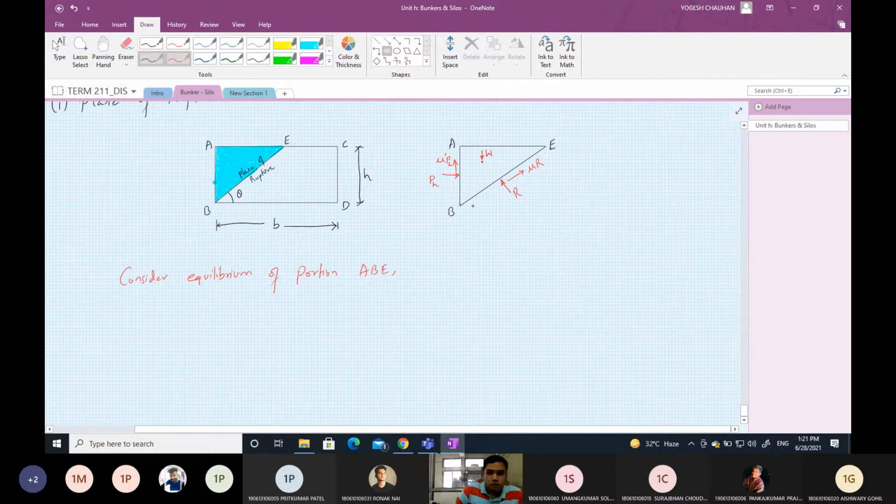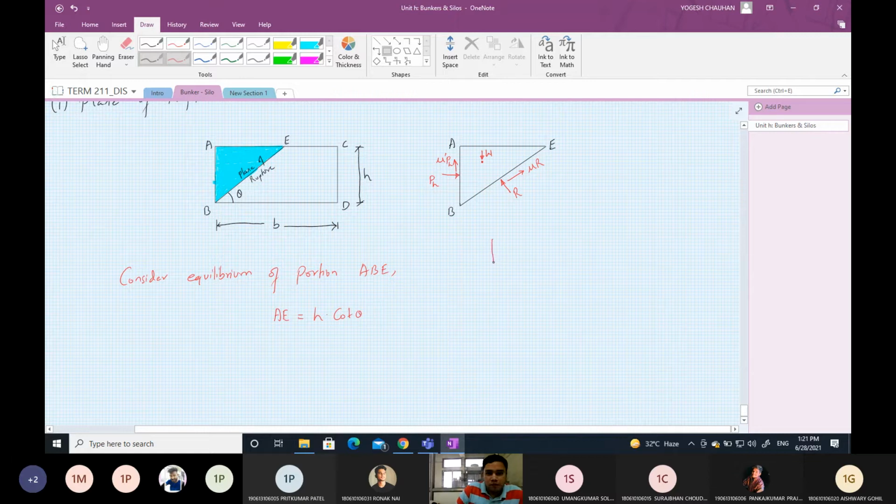So here AE will be equal to H cot theta, where theta is the inclination of the plane of rupture with the horizontal.